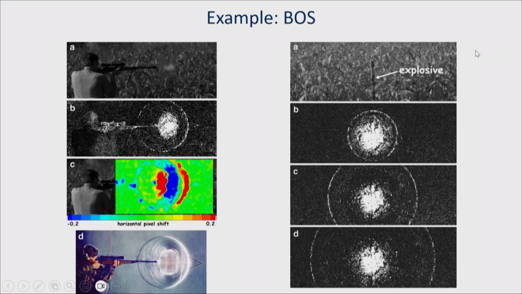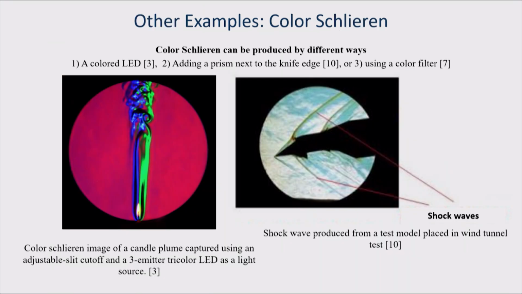This one is just against a plant, a lot of plants are there, they created explosions, and they can get the blast wave. The other variation is, we all saw Schlieren with monochromatic light. What is the advantage of using different color light?